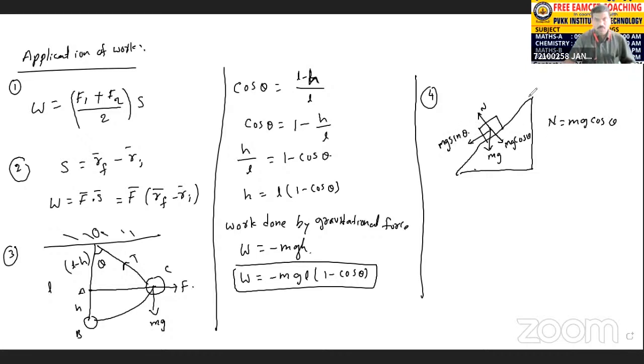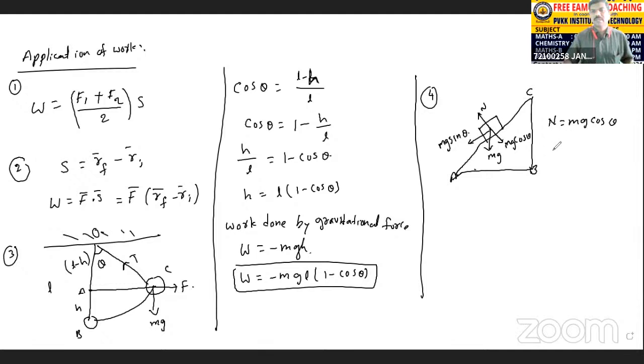So mg sin theta acts in the downward direction. The body moves down from C to A. Displacement S is equal to L, the total length.